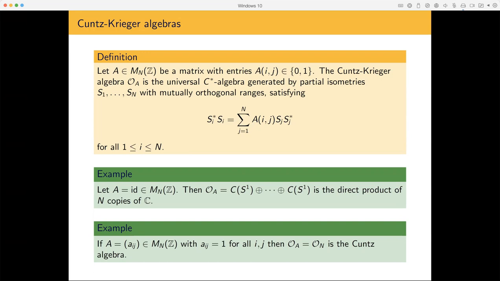That's basically because your isometry will be a unitary, or almost a unitary, in this case. The other extreme: if you take A to be the all-ones matrix, then the algebra you get is the famous Cuntz algebra, which you probably have seen before.